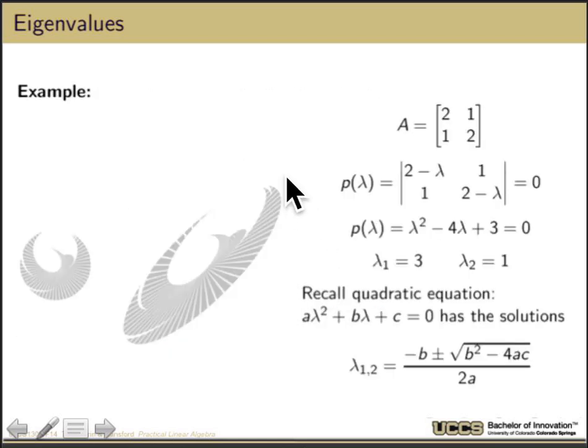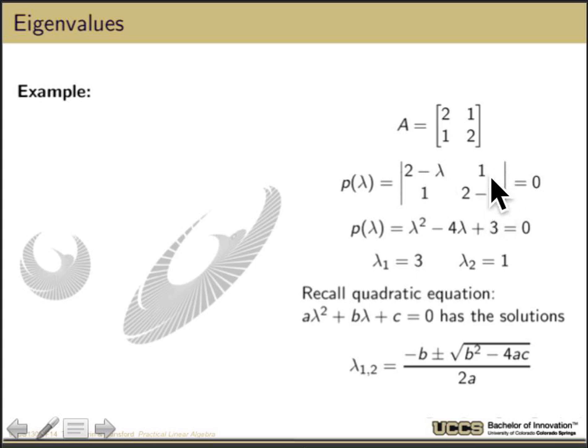Okay, so how do we actually represent that? Well, let's take a numeric example, it makes it a little easier. So let's think of a matrix we've already seen, 2, 1, 1, 2. That matrix scales the circle into this ellipse. We're going to calculate its characteristic polynomial by literally just putting in minus lambda on the diagonal and then computing its determinant.